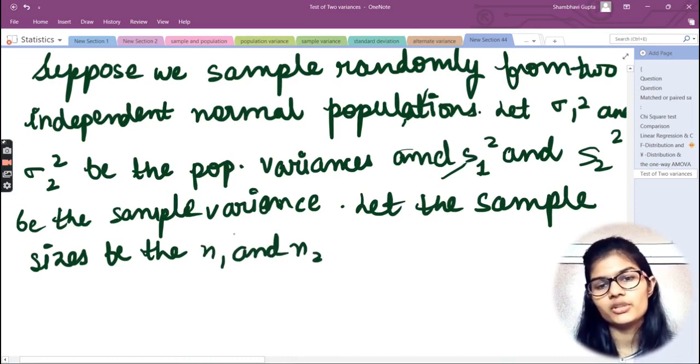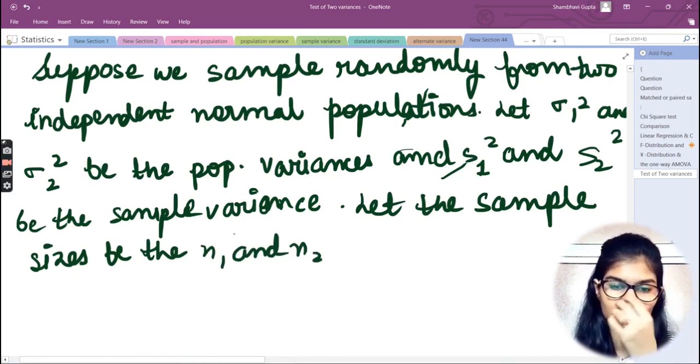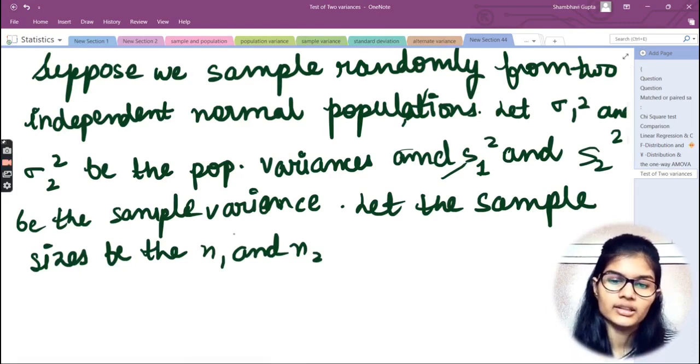So N1 and N2 are the sample sizes which we have here.